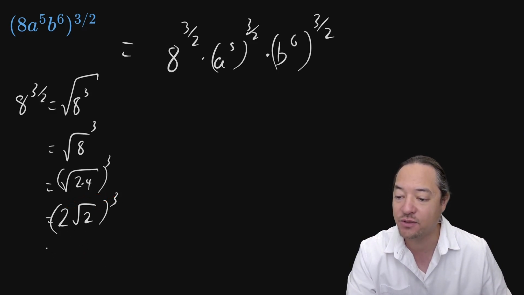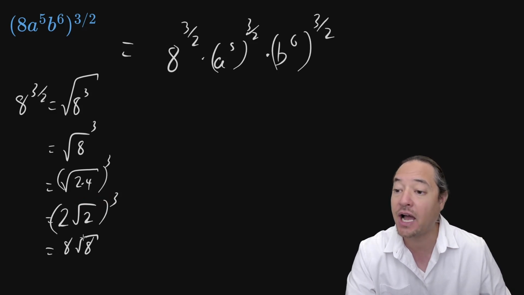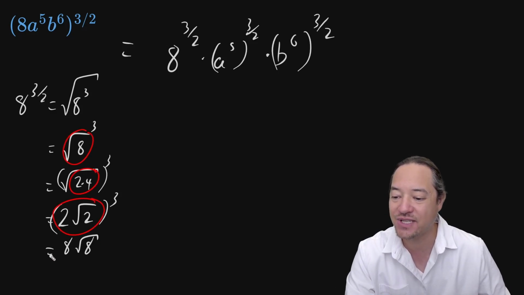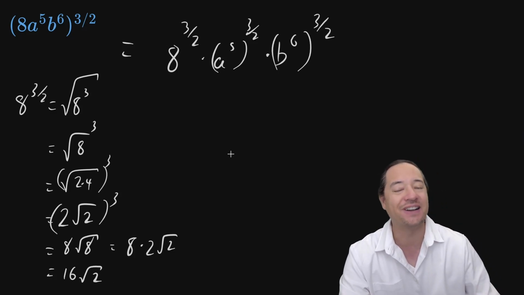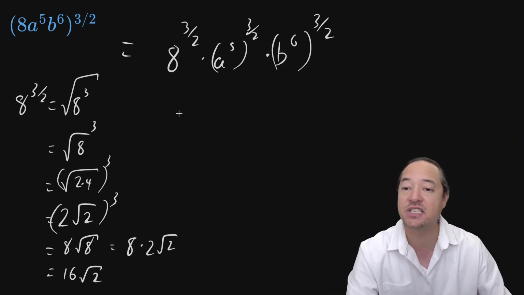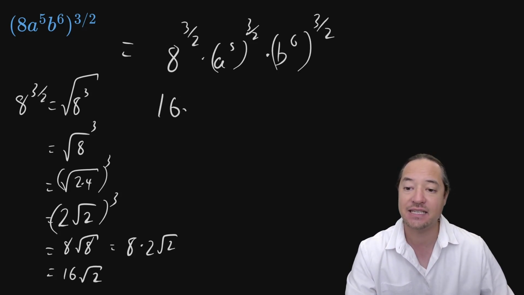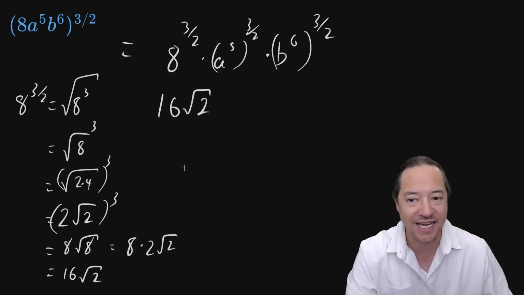So this is basically equal to 8 times the square root of 8, but I already know that the square root of 8 is 2 root 2. So this is the same as 8 times 2 root 2, and that's just going to equal 16 times the square root of 2. So it's a couple of steps, but we can simplify 8 to the 3/2 power. That's going to be 16 root 2. Okay, so that's the first part.